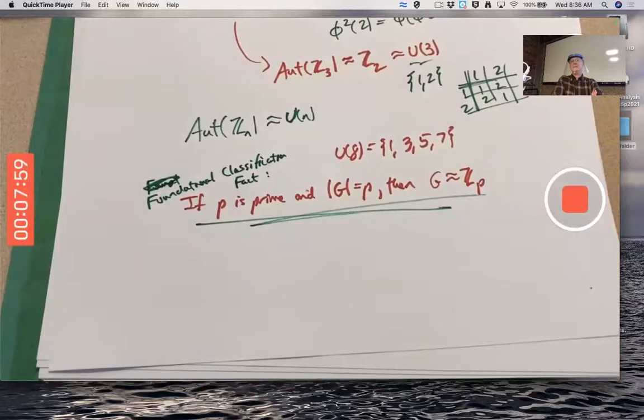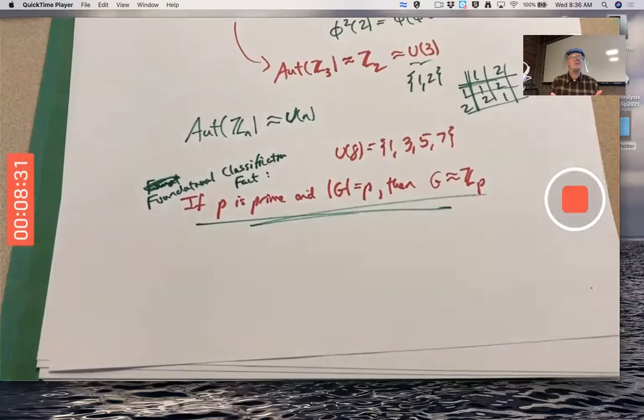I said a few weeks ago, we're kind of like zoologists. Zoologists study the animals in the animal kingdom. Algebraists study groups or later on rings and fields and try to classify them. That's what holds interest for people in the subject.